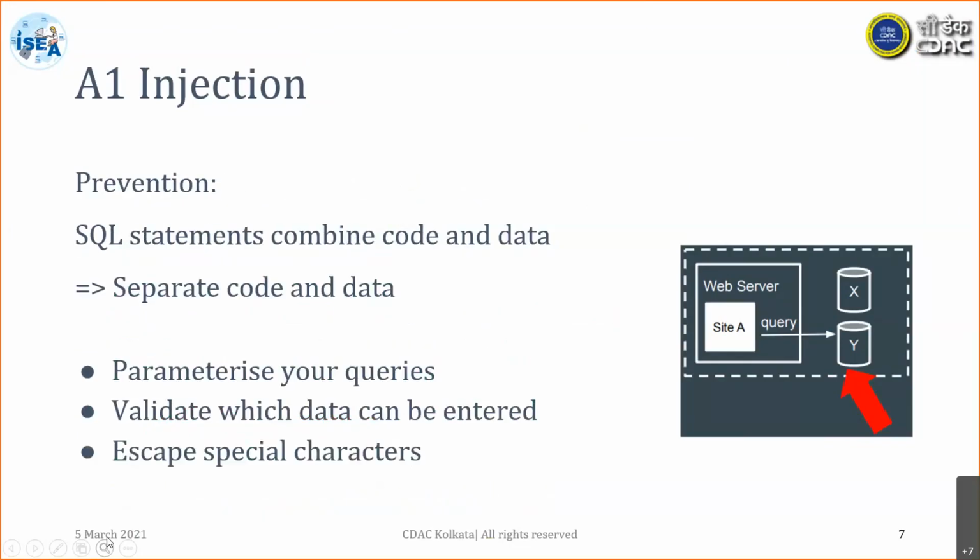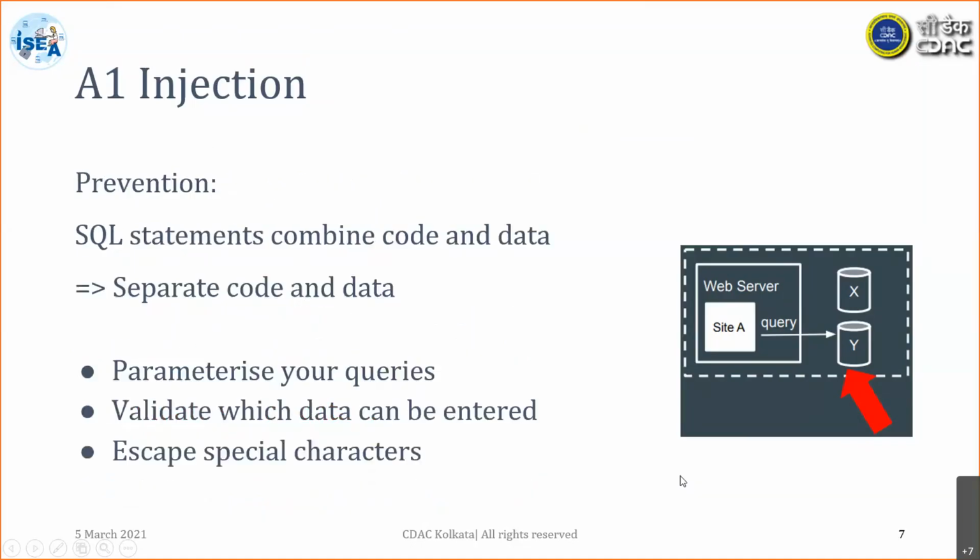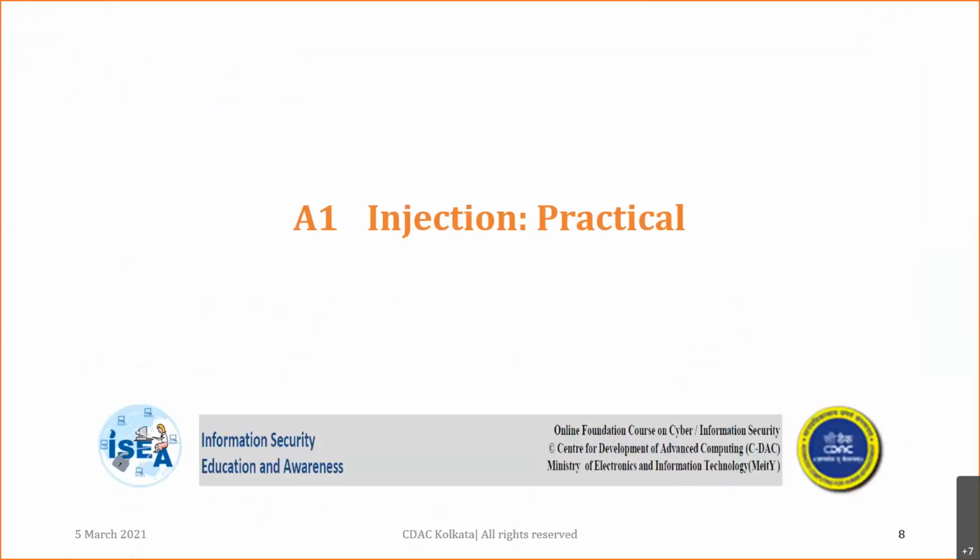So we have to use parameterized queries, then validate the data that can be entered and escape the special characters. Here you can see that I have given the special characters, that is single quote, semicolon, and double dash. So let's go to the practical session.